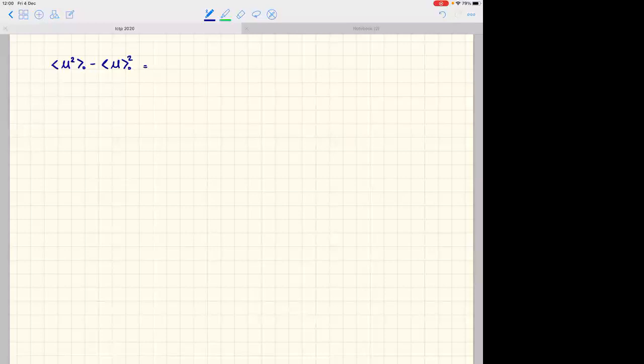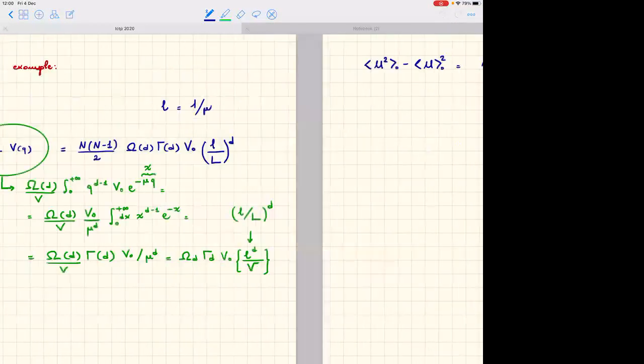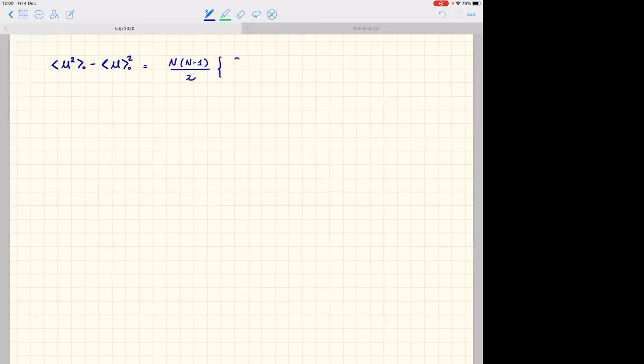This was equal to n times n minus 1 divided by 2, the integral dq over V of q squared minus the integral dq over V of q, squared. So I have to compute the squares of these integrals.